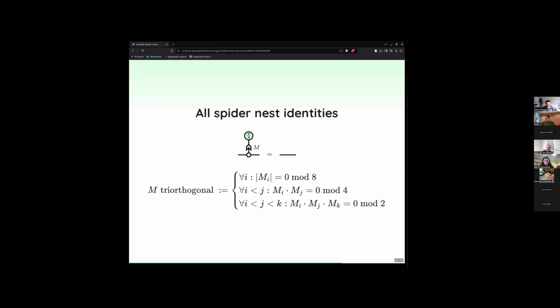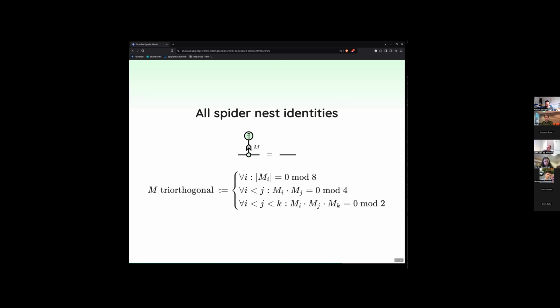Okay, so what is triorthogonal? Well, it's this condition. It's a little bit technical, but it's a pretty easy thing to check, right? I could write up some code to check this quite quickly. It says that each of my rows have a Hamming weight of 0 mod 8.